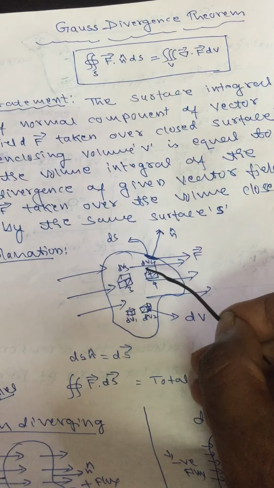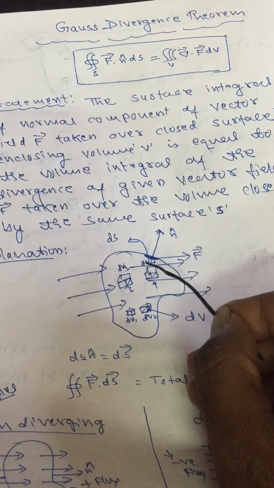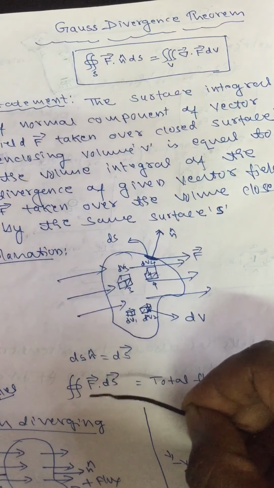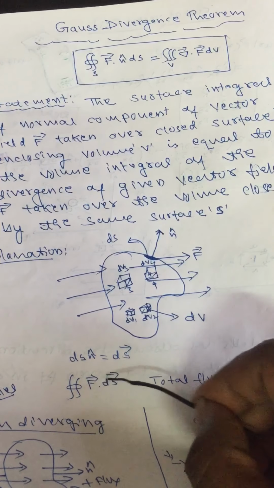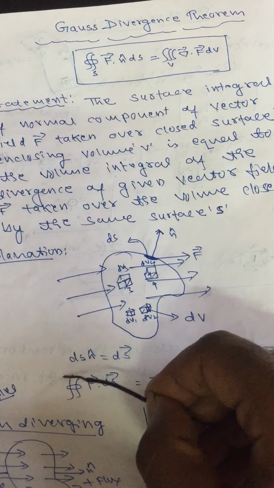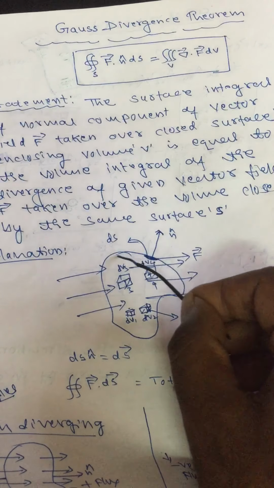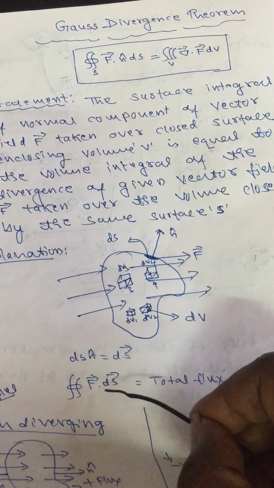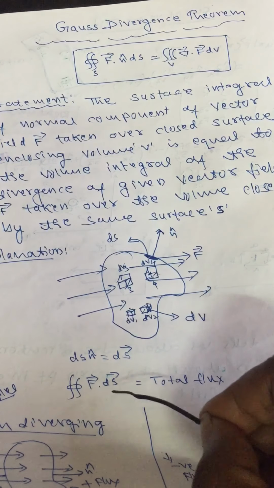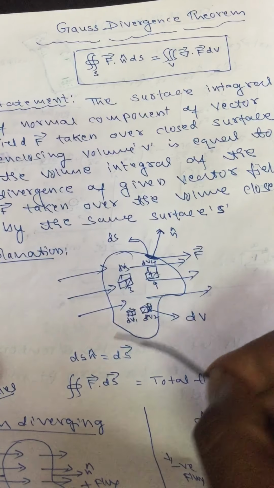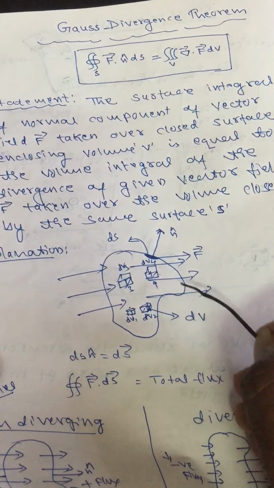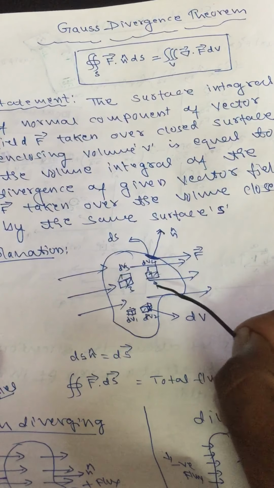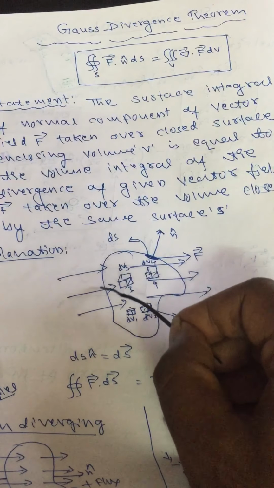So if you want to get the total flux, you should integrate, adding all these elements. That gives total flux. Total flux means the surface integral over the closed surface, F dot dS. I hope you understand. Surface integral gives the total flux over the closed surface.